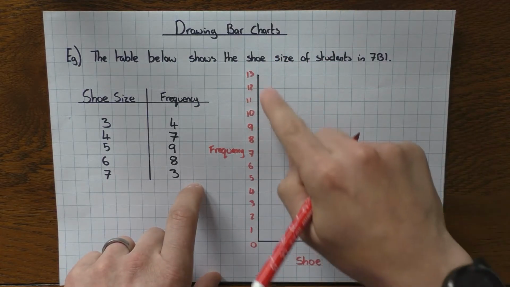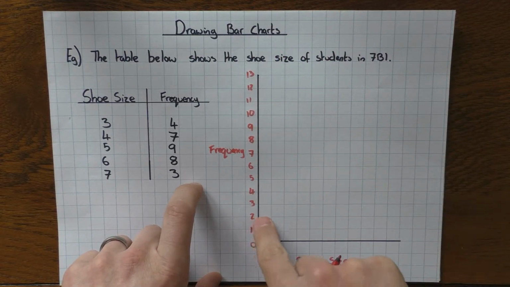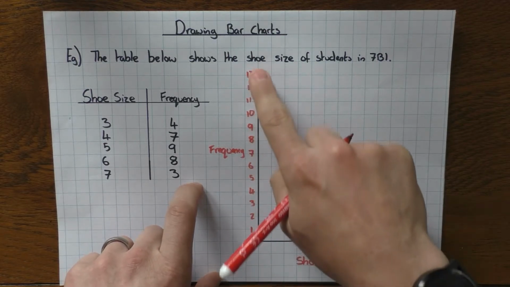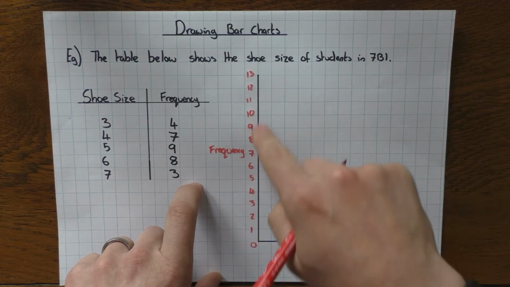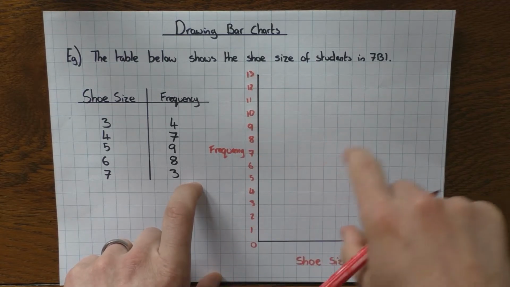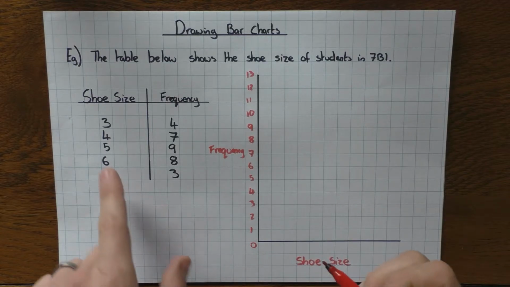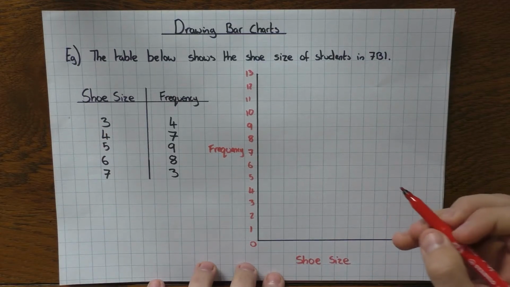And again, that is a mistake that sometimes they make. Sometimes they might repeat a number, sometimes it won't go up evenly, but whatever it is, it must go up. Each square must be worth the same, so definitely check the Y-axis in case they've made any mistakes there. The next thing is obviously the shoe size.